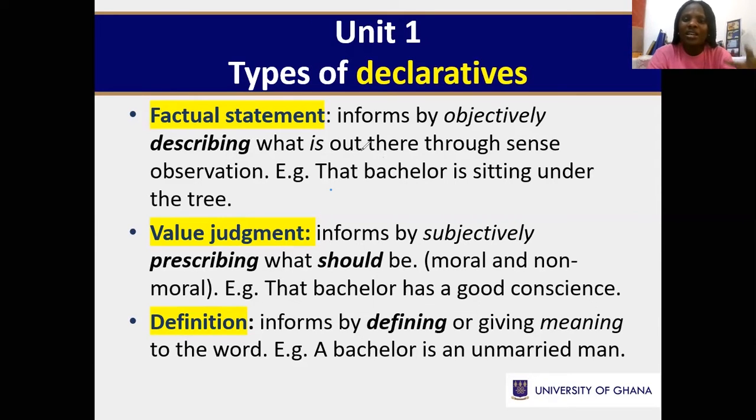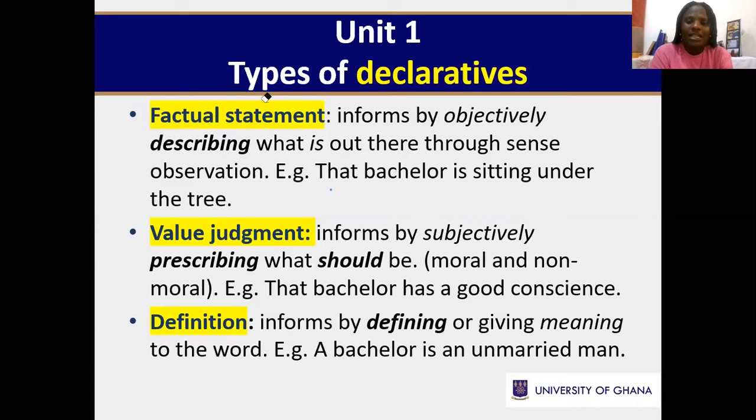So what then is the approximated definition, if you like, of a factual statement? We refer to a statement as being factual if what? If it gives an objective description of what is out there through sense observation. I try to capture as many pointers as I can to help clarify what statement or what declarative we define as a factual.